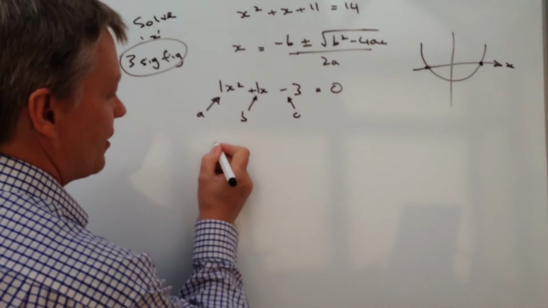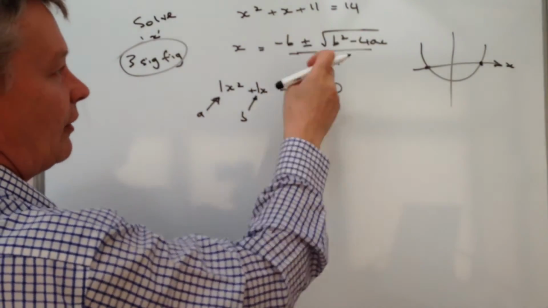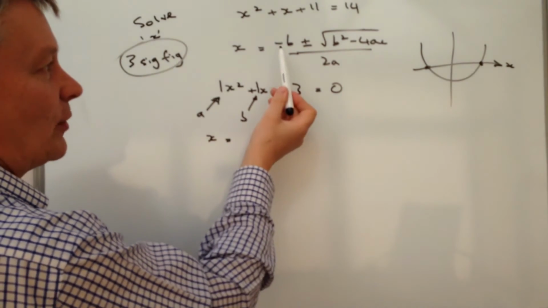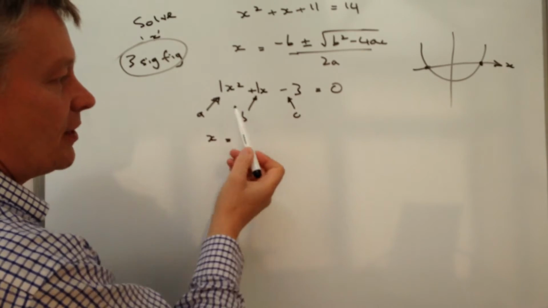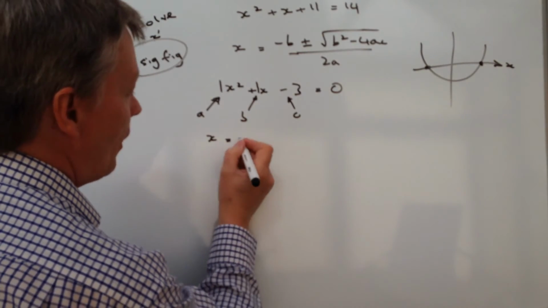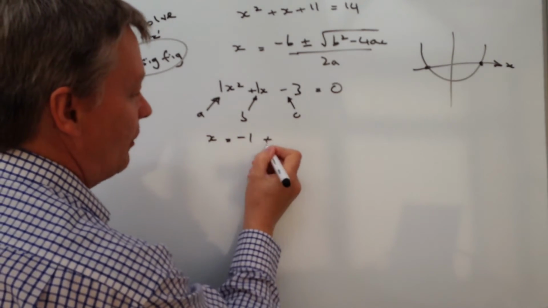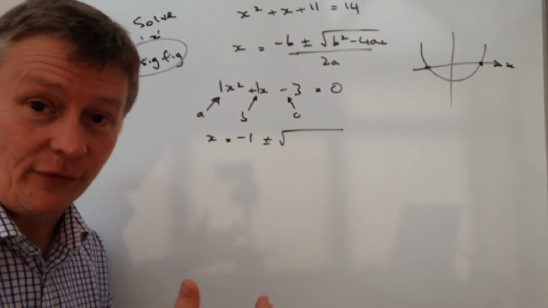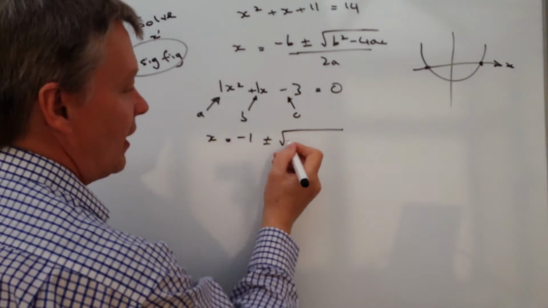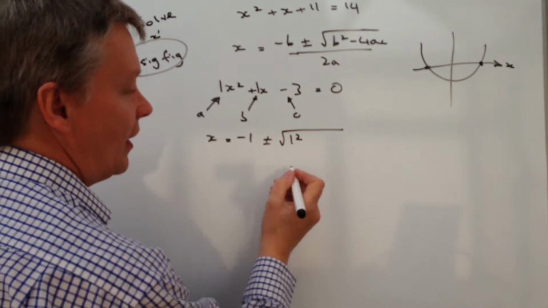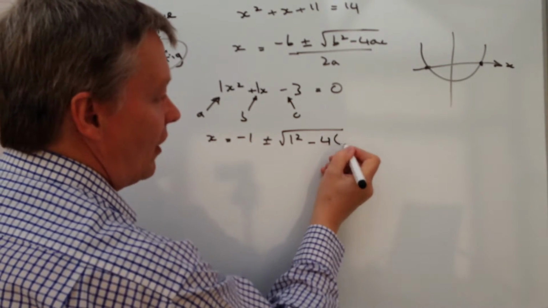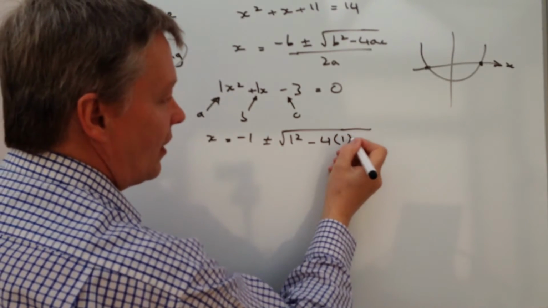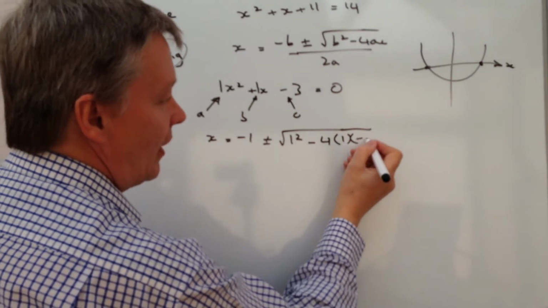So what I'm going to do is write these numbers in the correct way in the formula. So I've got x equals, now first one is minus b. Well, that's positive 1 at the moment, so I'm going to make that minus 1. That's going to be plus or minus the square root of b, just positive 1 this time, so b on its own, which is 1 squared, and that's minus 4 times a, which is 1, times c, which is minus 3.